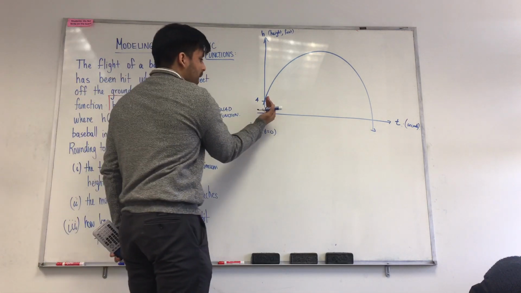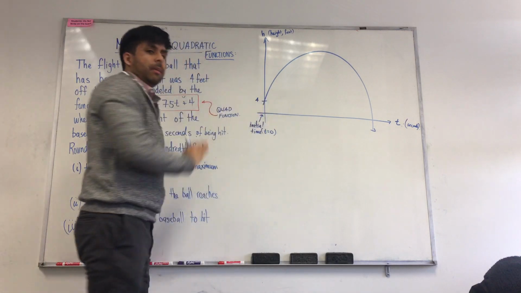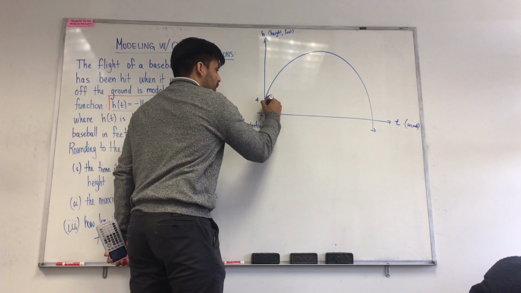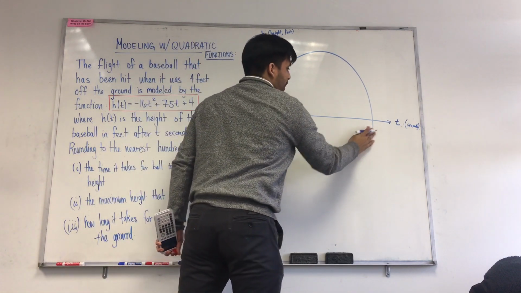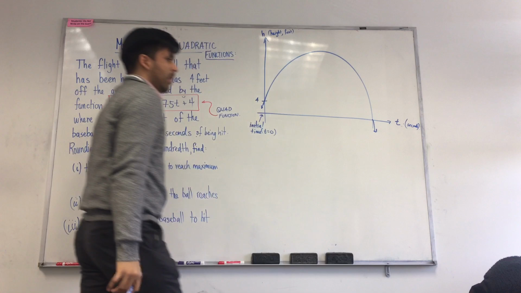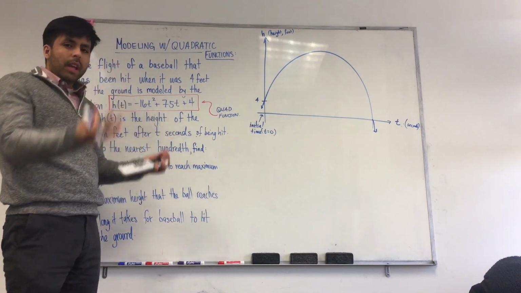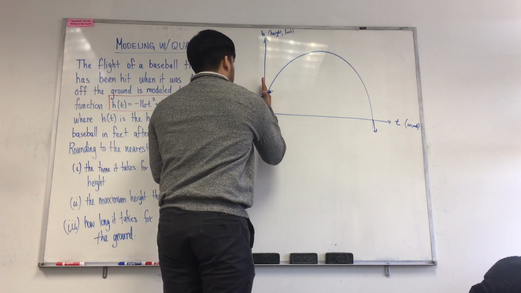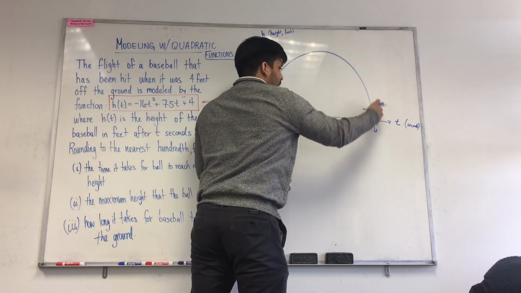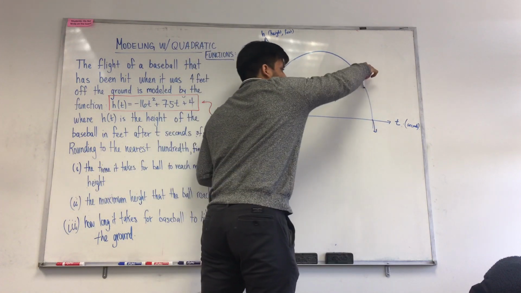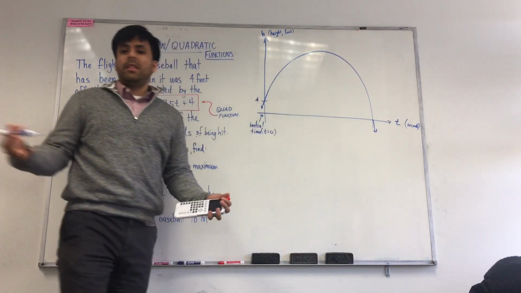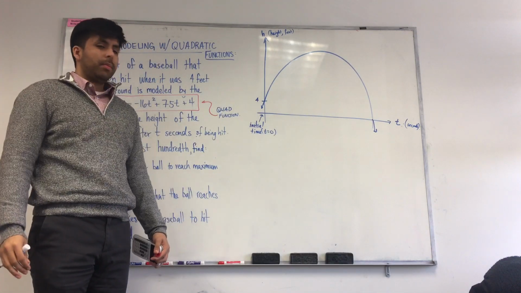So really, I don't care about anything before it was hit. Even though the actual parabola continues on forever and ever, theoretically, in real life, we're just considering this portion of it all the way up until it hits the ground. We're not considering the fact that this continues going down into the earth, because it doesn't. It just hits the ground and boom, it stops.